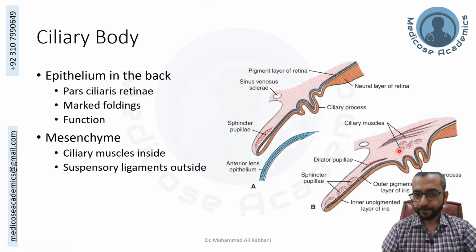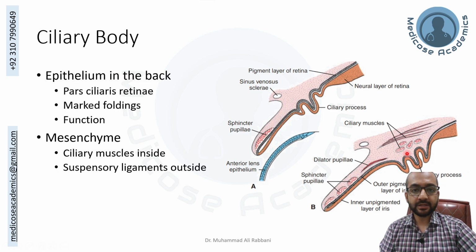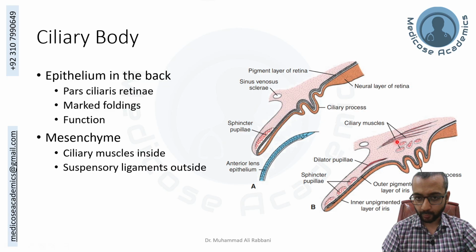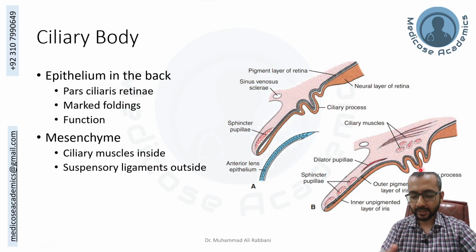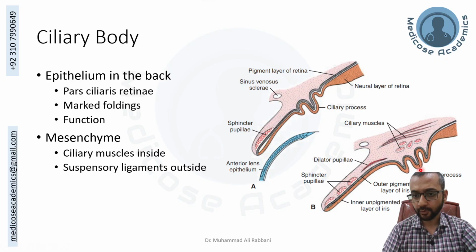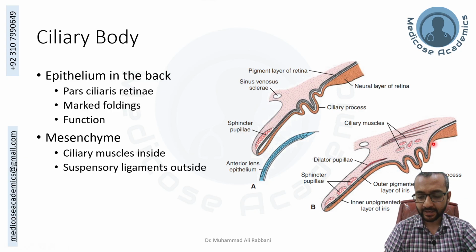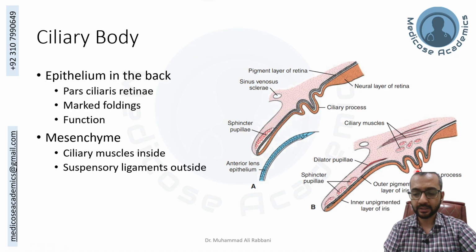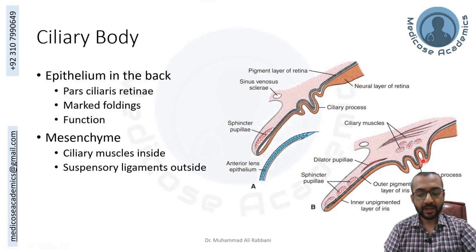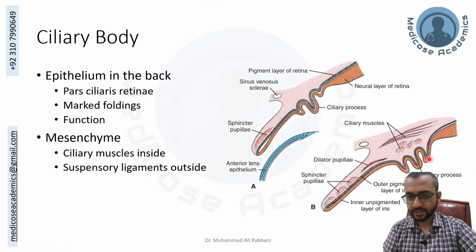Then there is the ciliary body. The ciliary body is the one that is responsible for suspending the lens, and that is also responsible for generating the aqueous humor. These are the numerous folds called ciliary processes, and the epithelium covering these folds is the epithelium of the pars ciliaris retinae, part of the pars ceca retinae, and these epithelial folds serve two embryological functions.